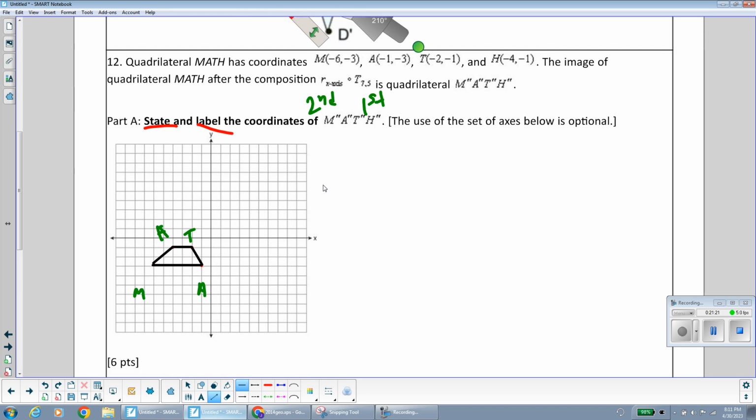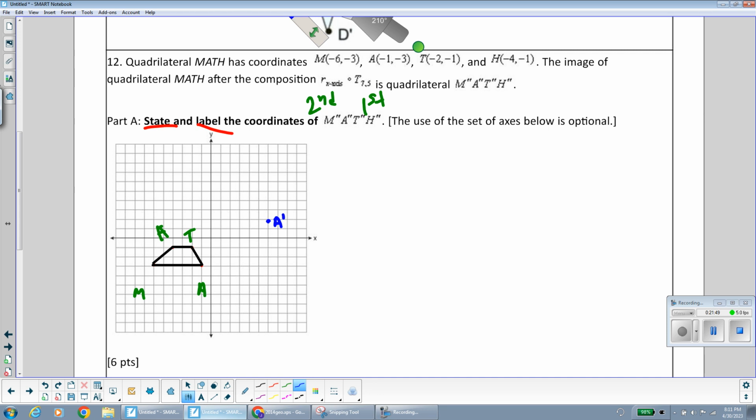Okay, so first up is the translation, and it is 7, 5. Remember, the first number is on the x-axis, so that means 7 to the right because it's positive, and 5 up because that's the y-axis and it's also positive. So let me move everything 7 to the right. 1, 2, 3, 4, 5, 6, 7, and 5 up. 1, 2, 3, 4, 5. So this is A prime.